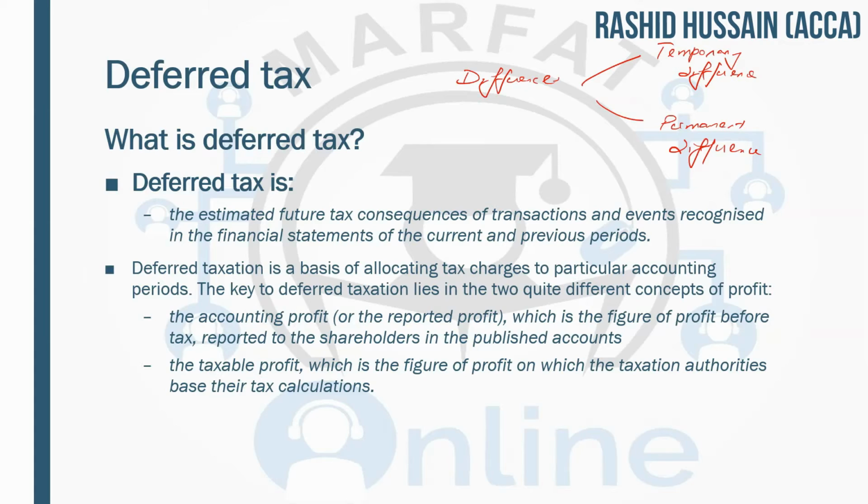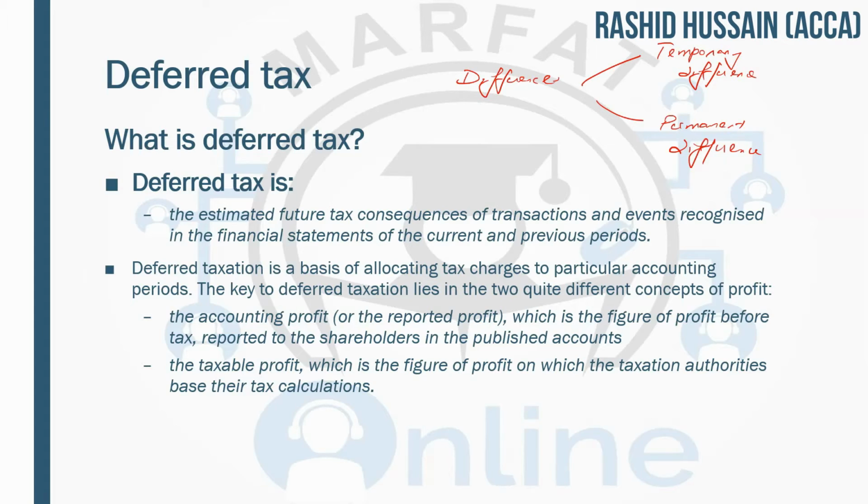So you have recorded the provision as an expense in the statement of profit or loss. But the taxation authority is not going to consider that until it is paid. Let's assume we have recorded the provision related to warranties, that there may be some claims coming up in the future and we have to spend some money on those claims.